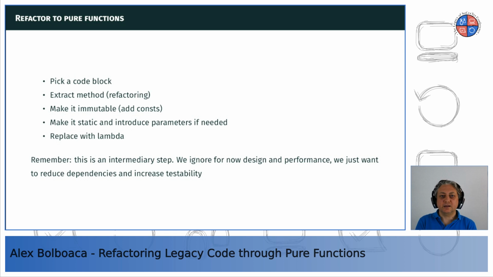Once it's static, I know it's not dependent on the class where it's in anymore, because again, the compiler will tell me, oh, it's using certain data members and so on. And finally, I like to, you don't have to, but I can replace it with a lambda, because when I have lambdas, I can combine them in interesting ways.